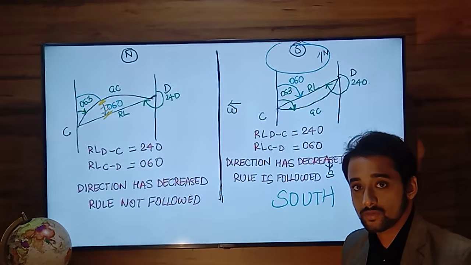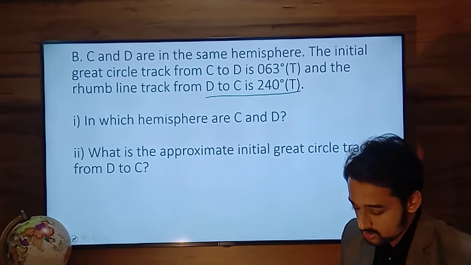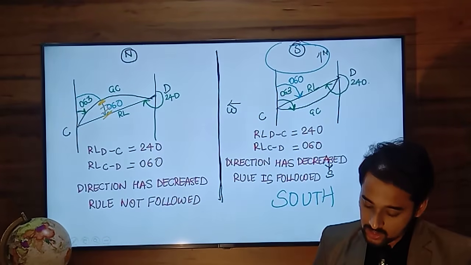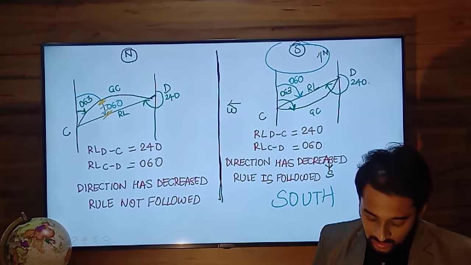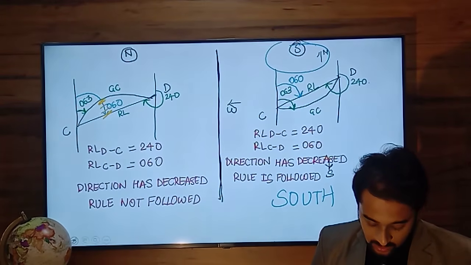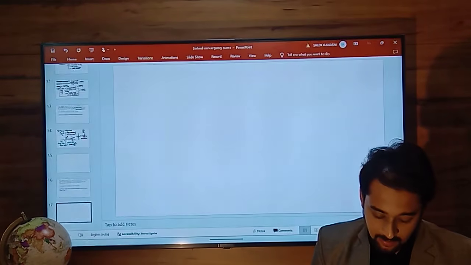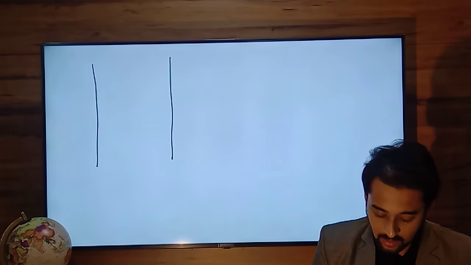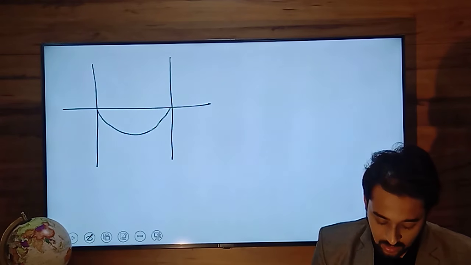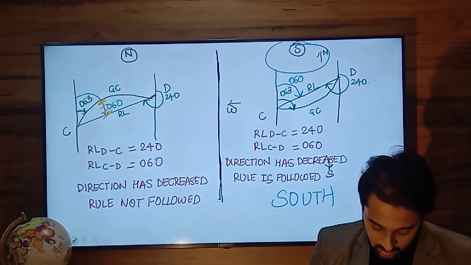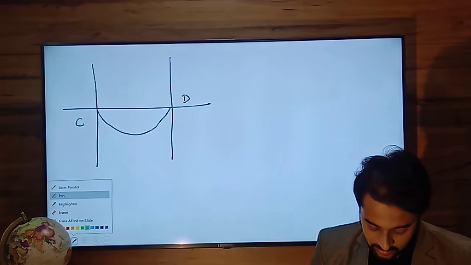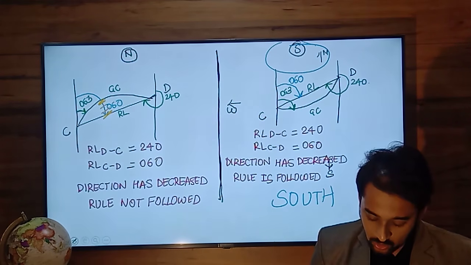Next, what is the approximate great circle track from Delta to Charlie? So let's take a new slide. Very simple. So rhumb line at Delta was 240.